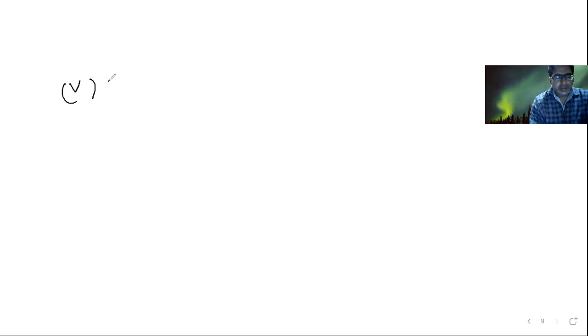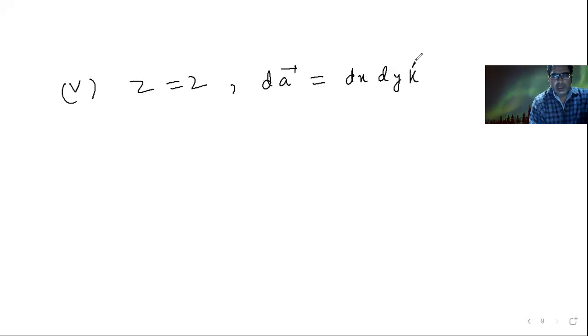For fifth phase, z is 2. What about dA? It is dx dy k cap because the area vector is pointing along positive z direction and it is parallel to xy plane. It is dx dy. And what is v dot dA?